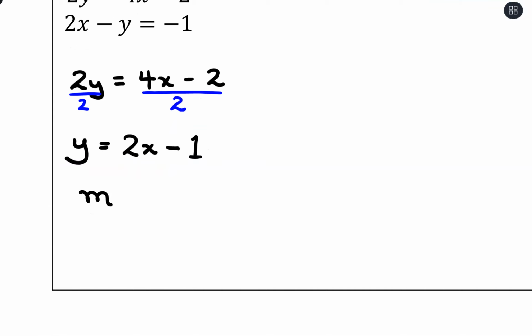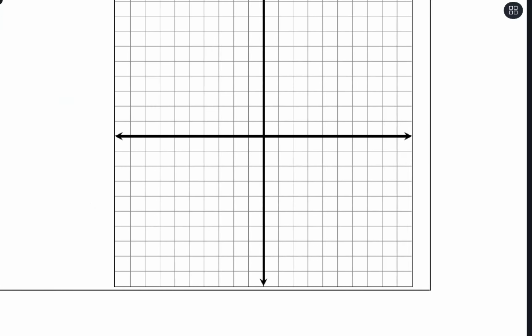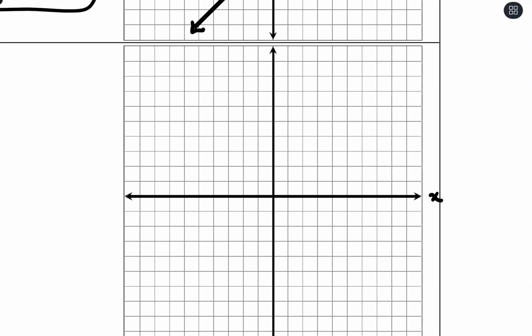So we have a slope of 2, which means we'll be going up 2, right 1, mapping to our points, and then we have the coordinate 0, -1. All right, so let's go ahead and graph that. Let's use increments there, and 0, -1 with the slope of 2.